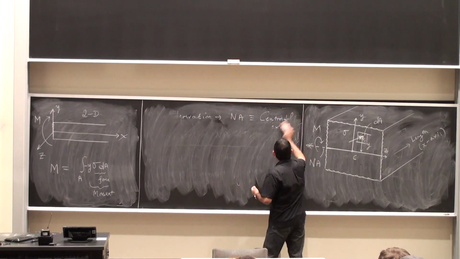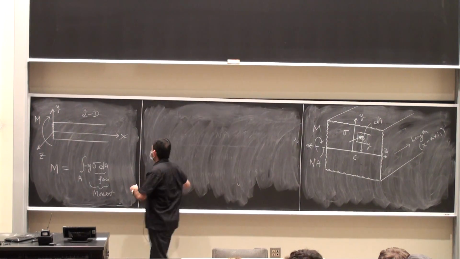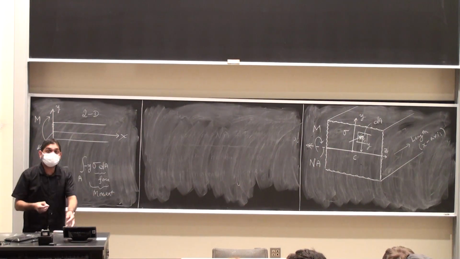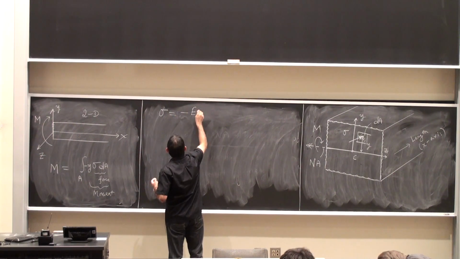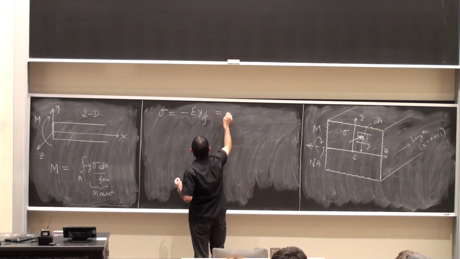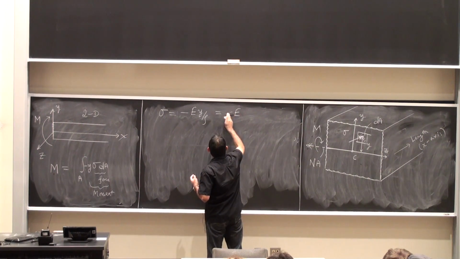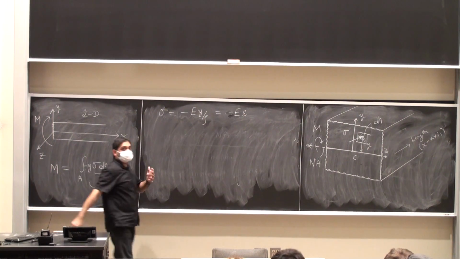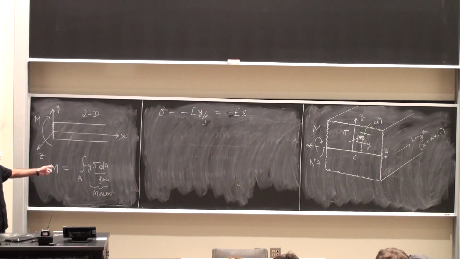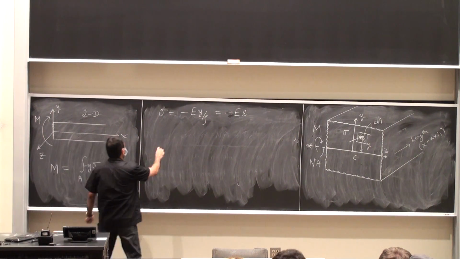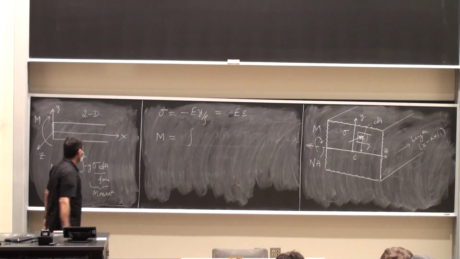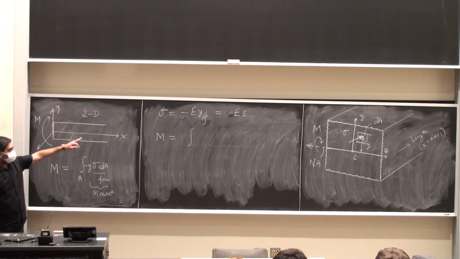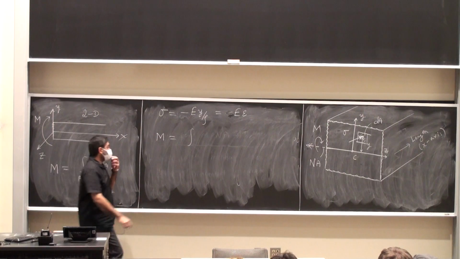Last few minutes. Instead of sigma, it is minus E times y by rho, which was E times epsilon, and epsilon was minus y by rho. So I'm going to do that substitution here, and I get M as integral minus E y by rho times y times dA.